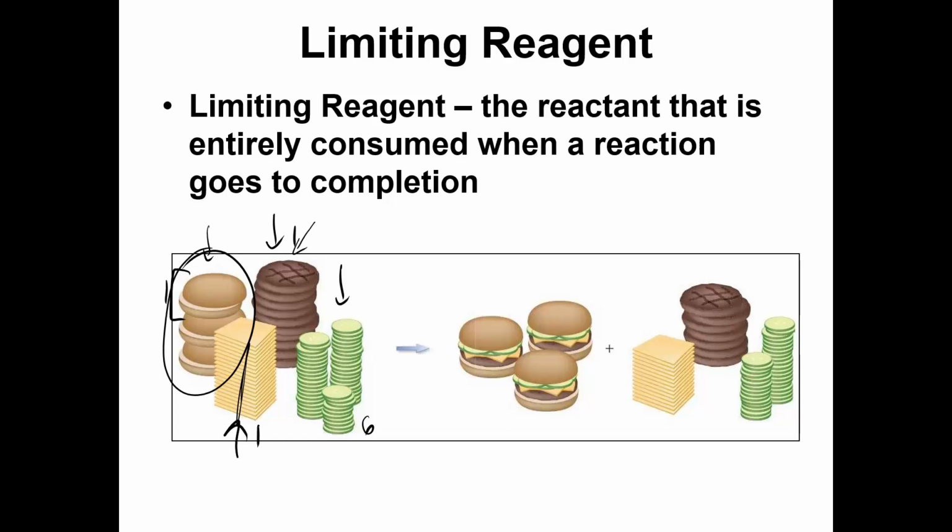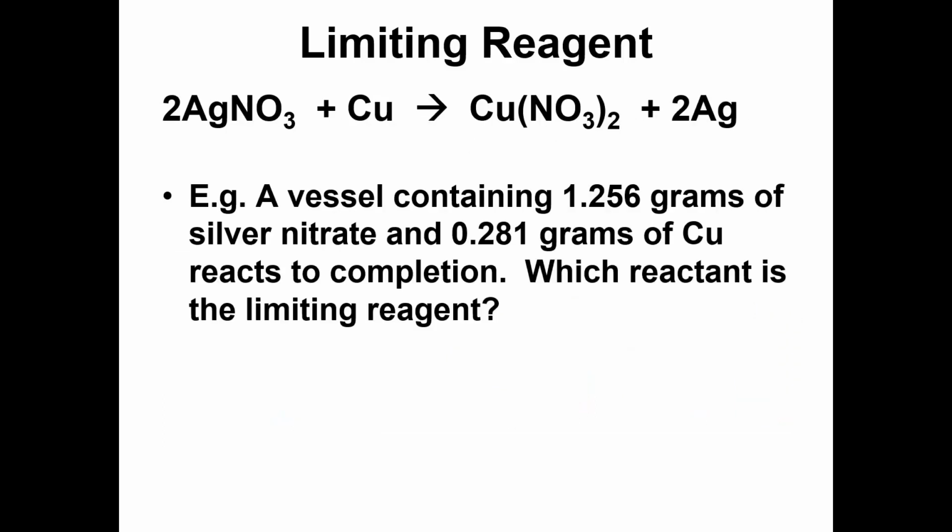So you get the idea. That's a limiting reagent, and you have to determine it by calculating. It's not as simple and straightforward as looking at patties and buns, right? You have to look at the number of moles and the stoichiometry, the balanced equation.